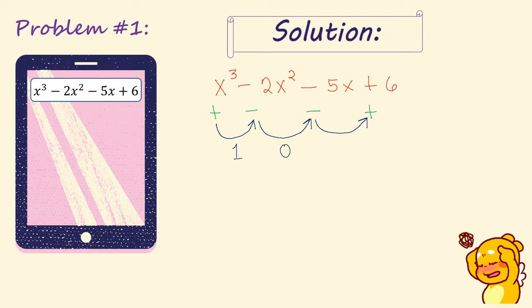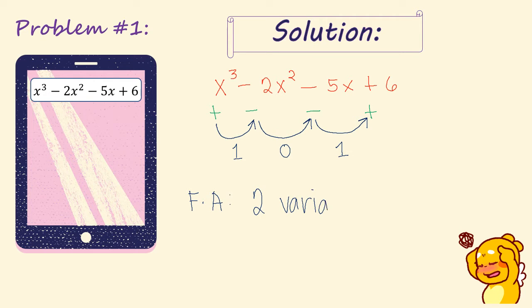Do you think the sign varies? Yes. So for our final answer, we simply count all the variations that we have. As you can see, we have 1, 0, 1. So we have 1 plus 1.